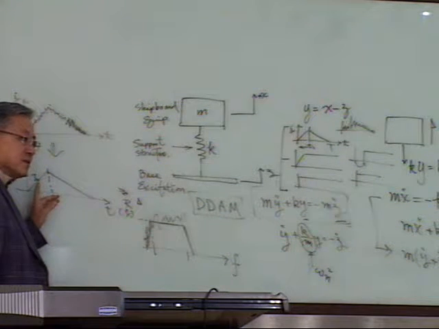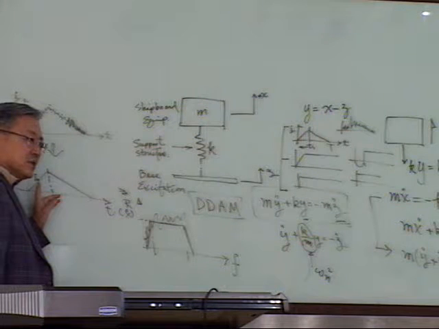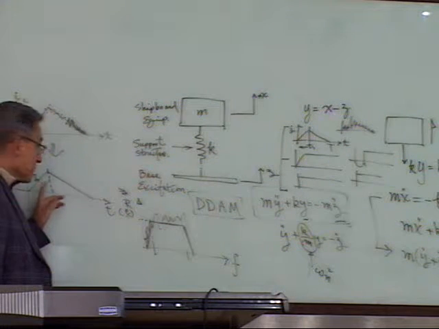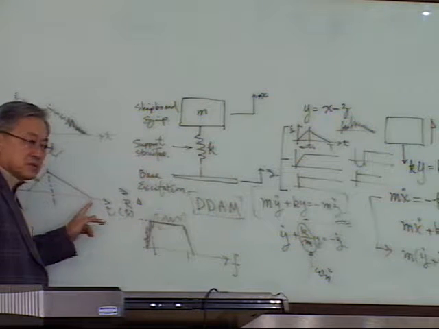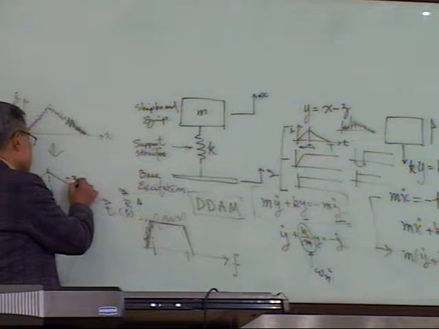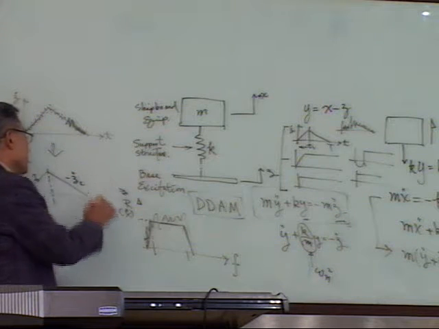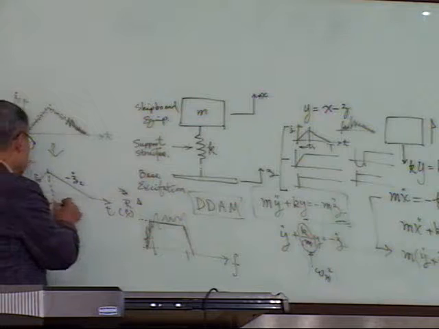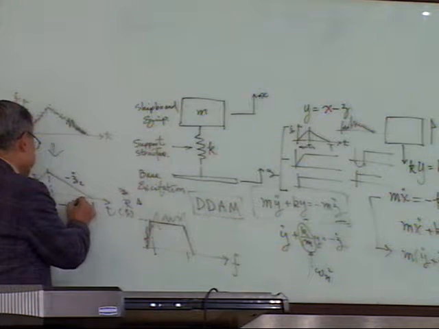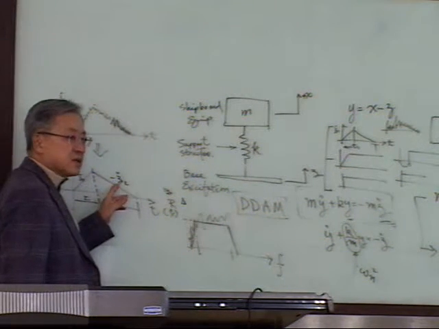And positive Z1 double dot. And this region is the deceleration region. I'm going to say that's Z2 double dot. This is region 1. This is region 2. Decelerate.